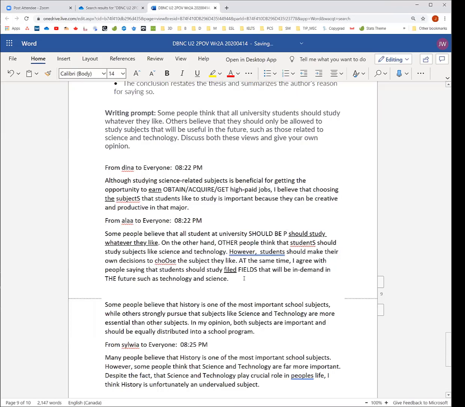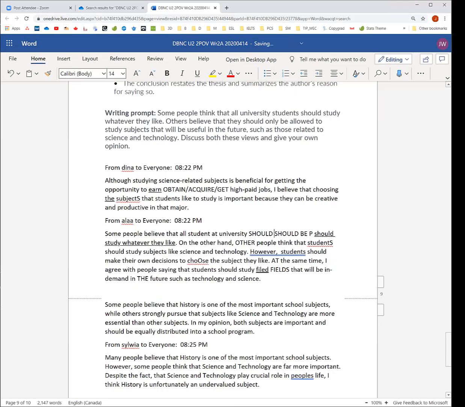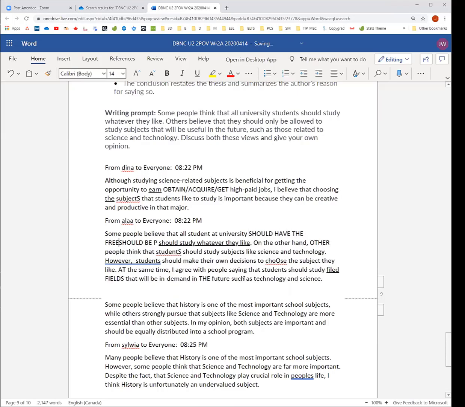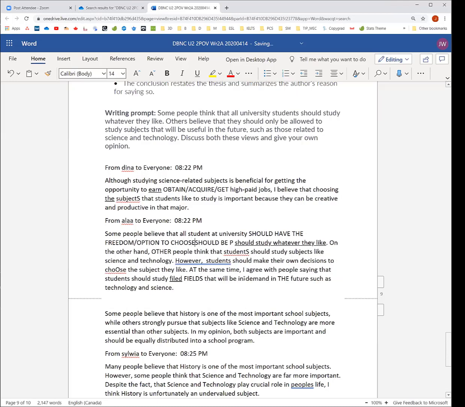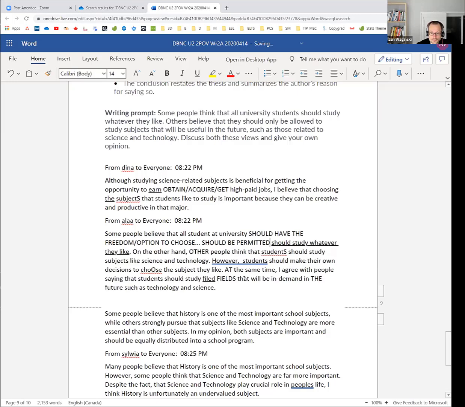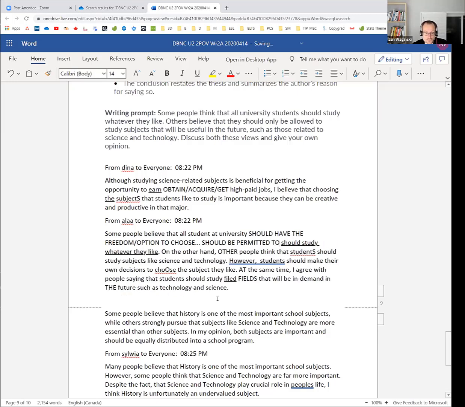Freedom. Should be happy with freedom. Give them the option to choose. Or should be permitted to study whatever they like. Synonym could be whatever they want.